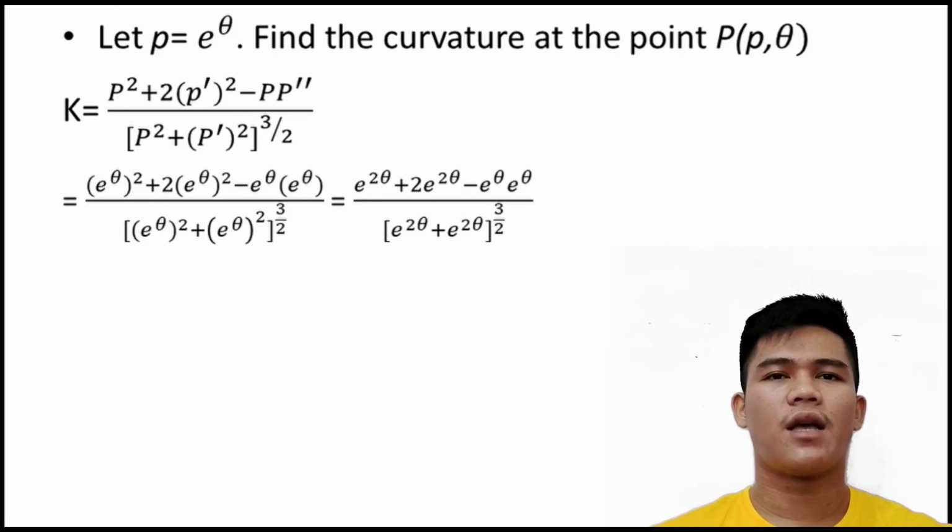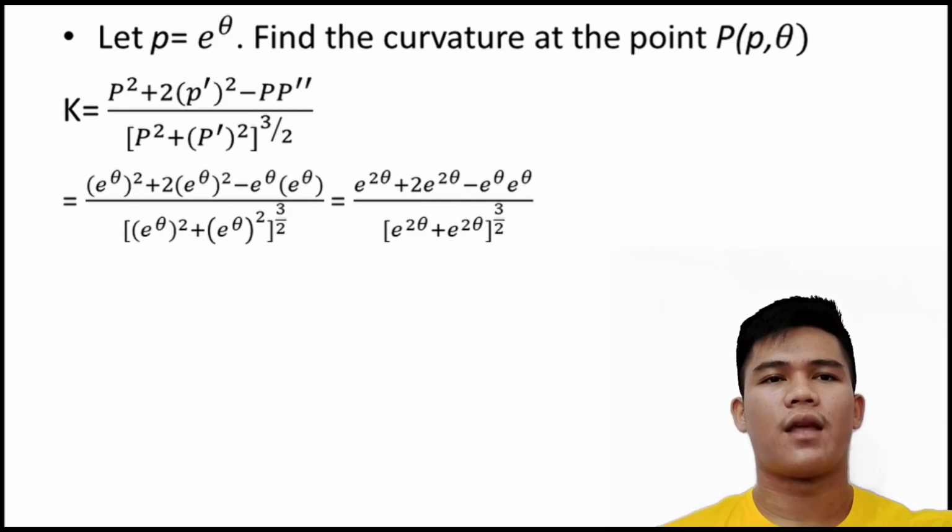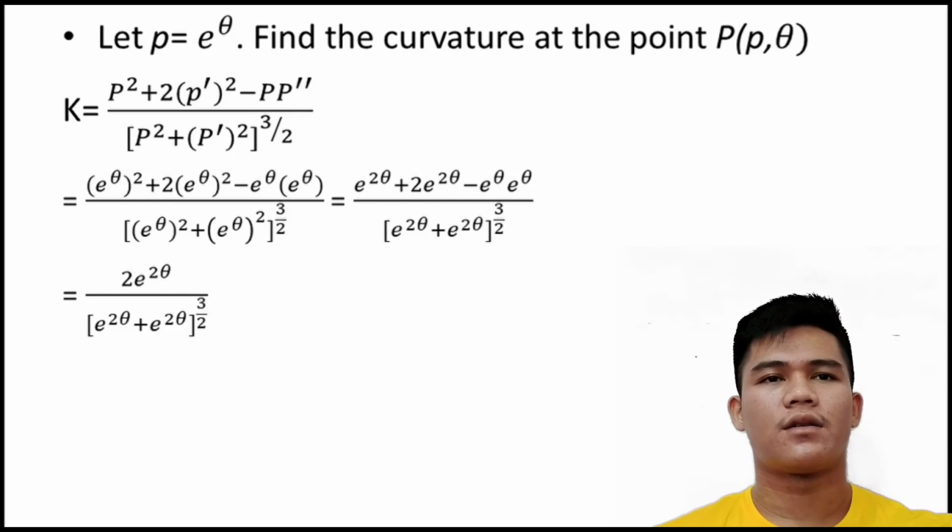minus e to the power of theta times e to the power of theta, over e to the power of 2 theta plus e to the power of 2 theta to the power of 3 over 2. So in this, this is 2 e to the power of 2 theta.